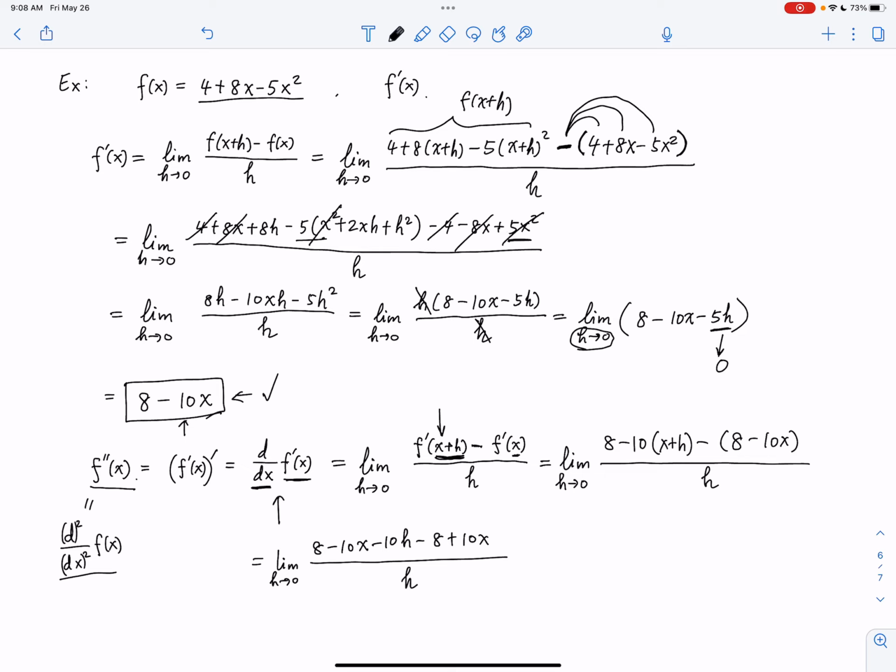You take out all the product and so on. So you can cancel 8 with that, 10x. So what you get is negative 10h over h, and h will cancel. You just have negative 10. All right, this is the second order derivative of this function. It's negative 10.